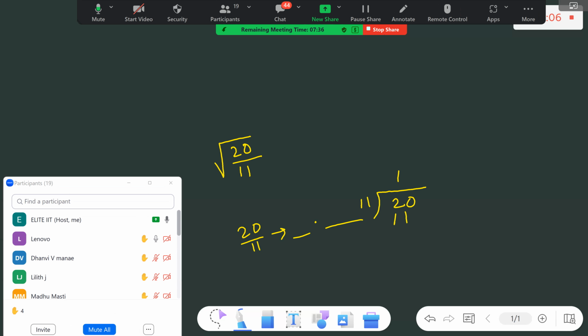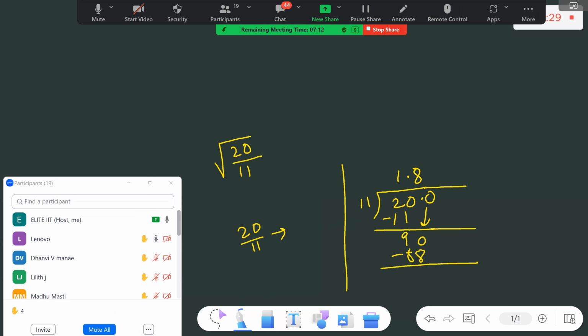11 into 1, 11, isn't it? Then remainder is 9. Now we'll put a decimal point in the dividend and in the quotient. And we'll bring down a 0 here, 90. 11 eights are 88, isn't it? Then another 0 in the dividend we will bring down in the remainder. 11 ones are 11.